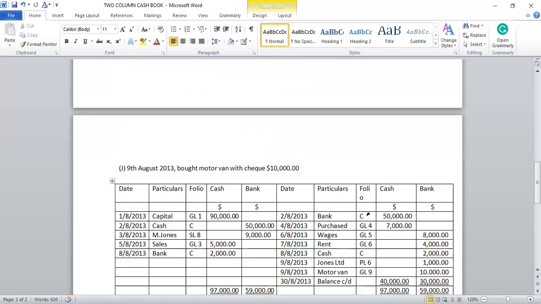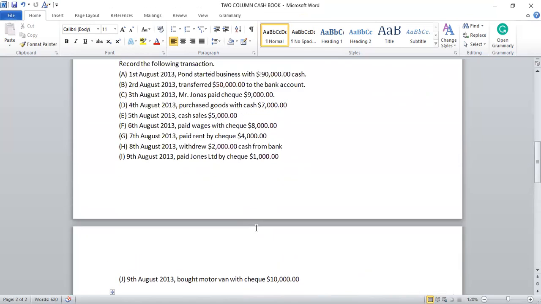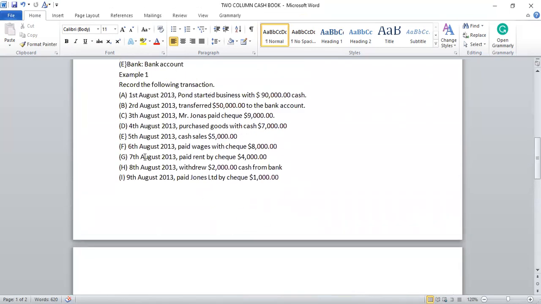So the cash account will be credited with $50,000. Then when we come to the debit side, the bank account will receive, so we debit it. So we come to 2nd August 2013, the particulars column cash, where the corresponding entry can be found in the cash account. The folio is C, and the amount shows the bank has been debited with the $50,000. So that's how we treat a contra entry.